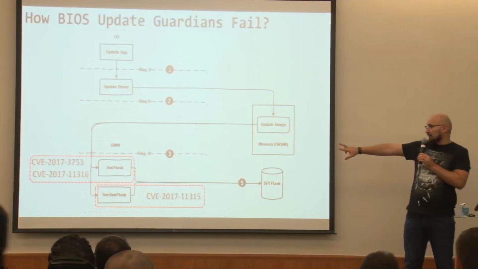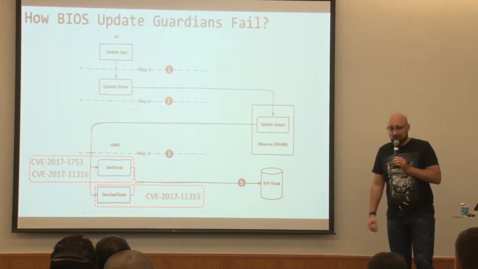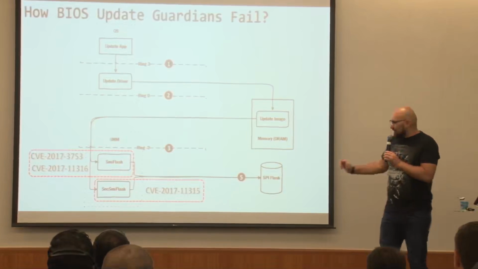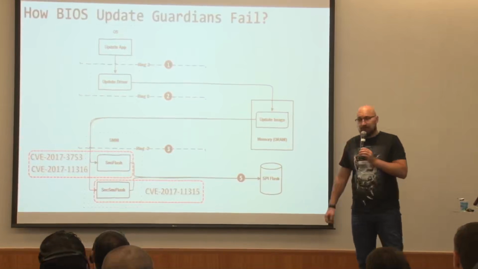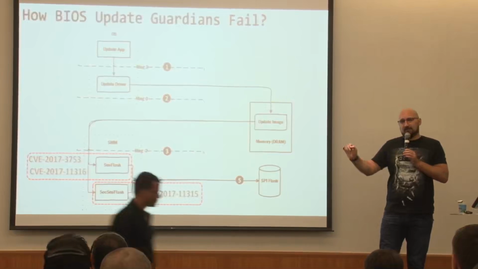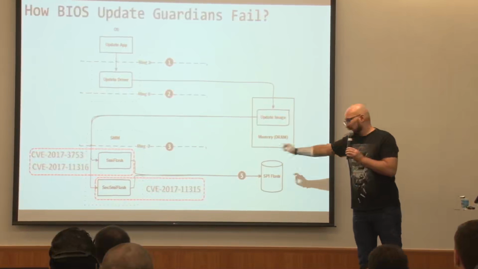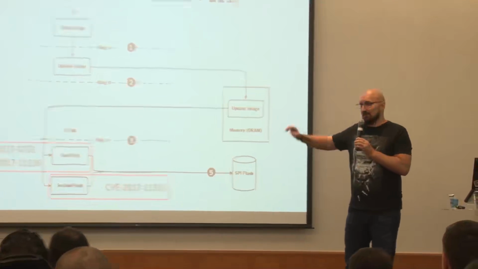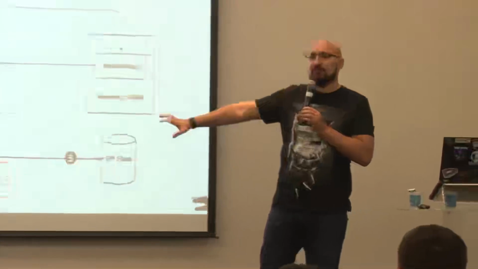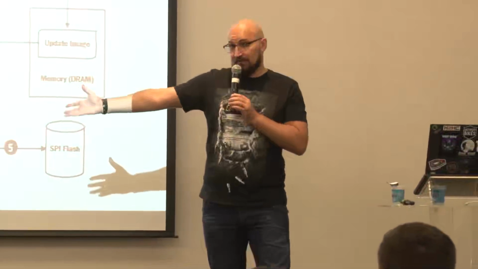We have two of them, SMI flash and security SMI flash. The most interesting part is that I also found an issue with security SMI flash, which is responsible for validating the signed update. So if you find an issue with security SMI flash, you can bypass all authentication, because you have already escalated privileges in this driver and can modify the flow at runtime, which is funny, right?